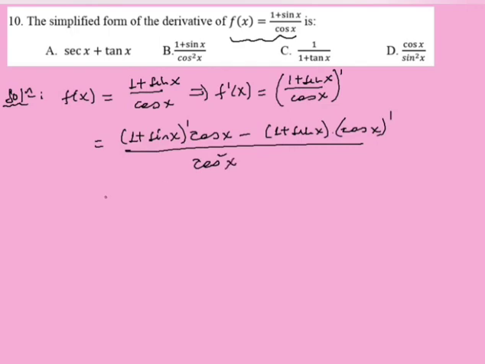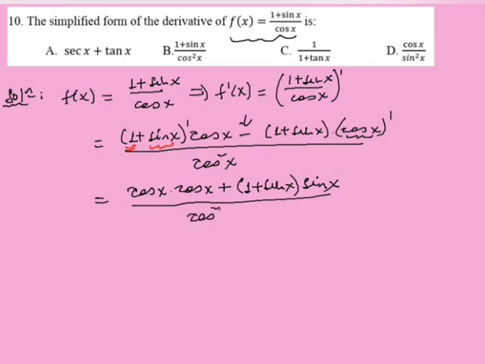cos square x. So this becomes sine x derivative is cos x. One derivative is 0, therefore the result becomes cos x times cos x minus, cos x derivative is minus sine x, therefore it makes this sign plus, so 1 plus sine x times sine x over cos square x.